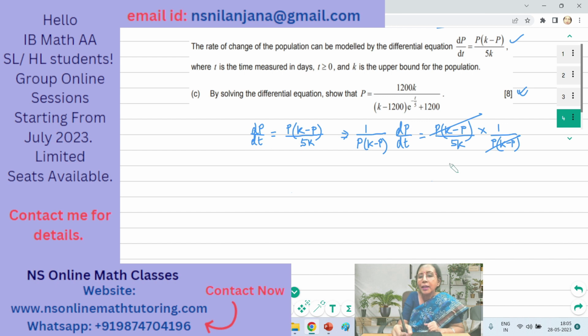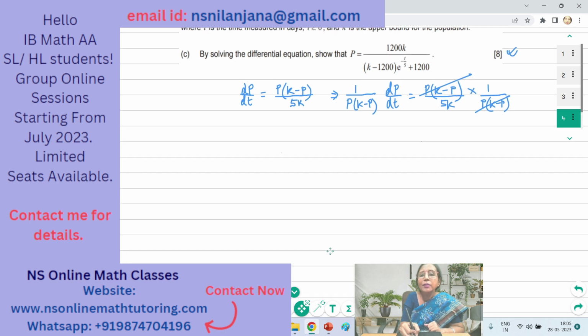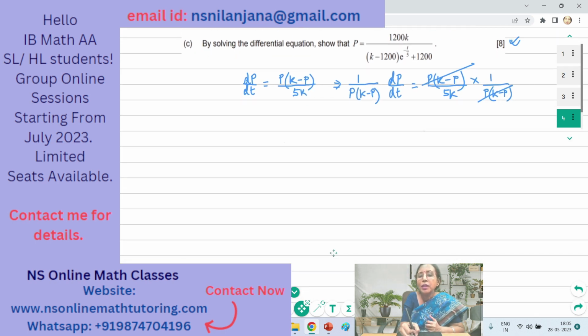And these two will be getting cancelled. So now since we have to get the expression for P, we have to integrate, and we have to integrate with respect to t because it is dP/dt, it is the rate of change of population with respect to time. So in order to get the expression for P, we have to integrate with respect to t.